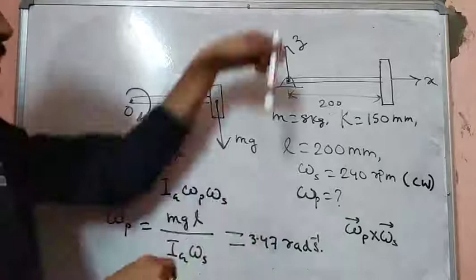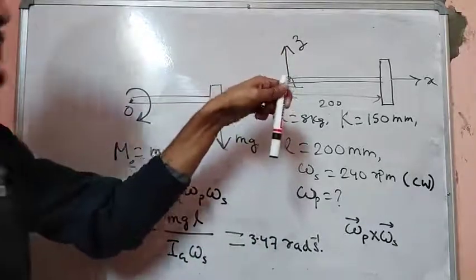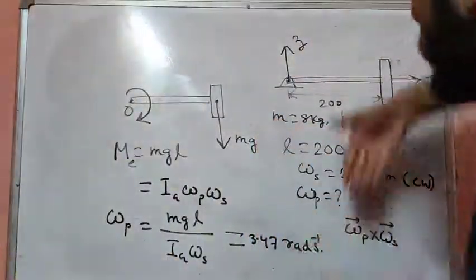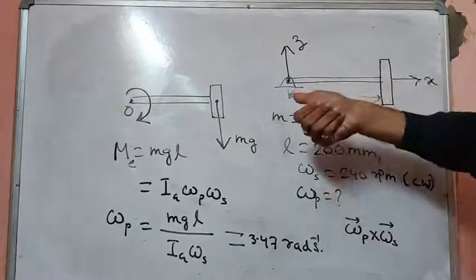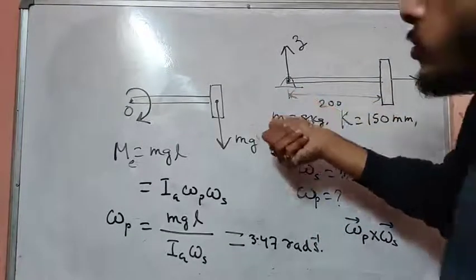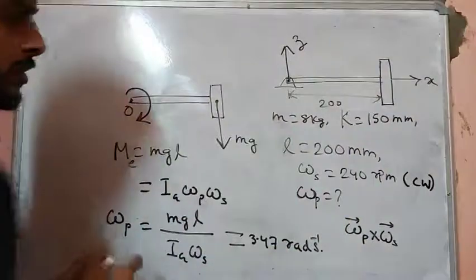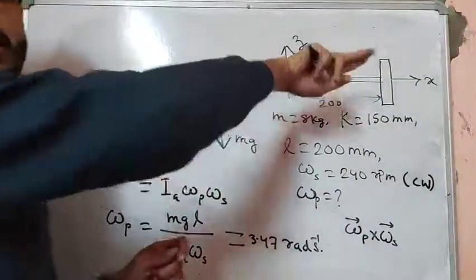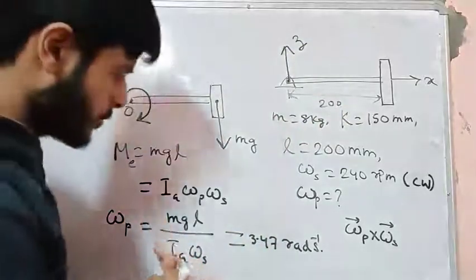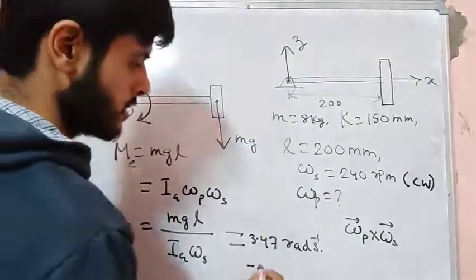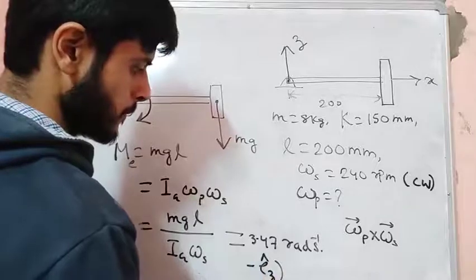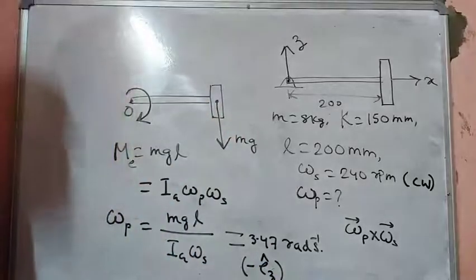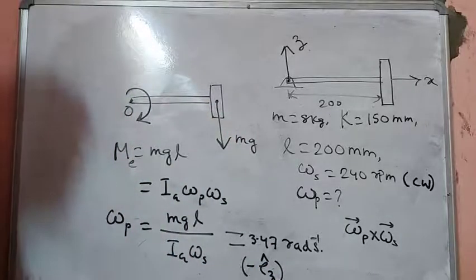So we have to take omega p vertically downward. Then omega p cross omega s is along the direction towards the board, and the clockwise moment is also towards the board, which is consistent. This implies the disc will be turning away from the board. So omega p will have the direction of minus Ez.